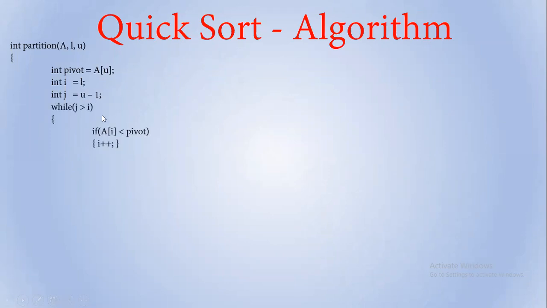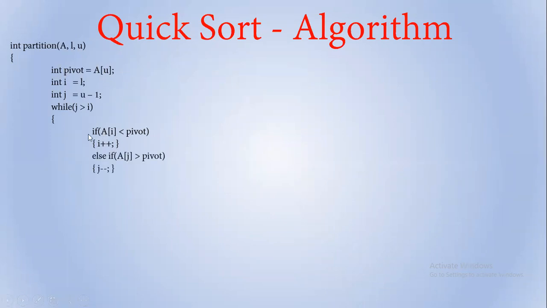So what it does is, if the value at the leftmost element is less than this pivot value, then it will increment the index. i plus plus is increment.